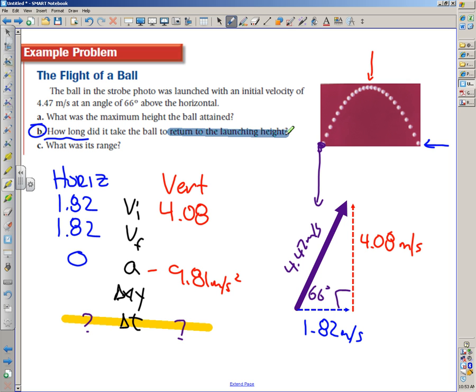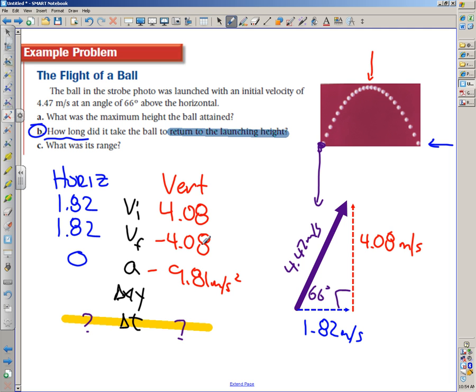So we can actually fill in for this spot over here, the end of this flight, if it lands on the same level, we can make two assumptions. First, what is the final vertical velocity of that ball going to be? Negative 4.08.